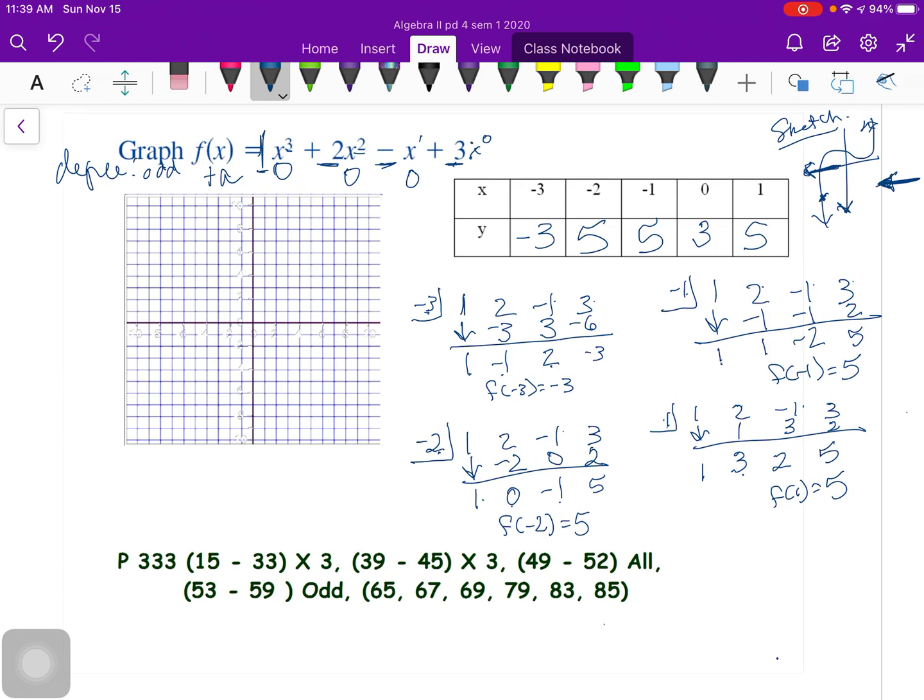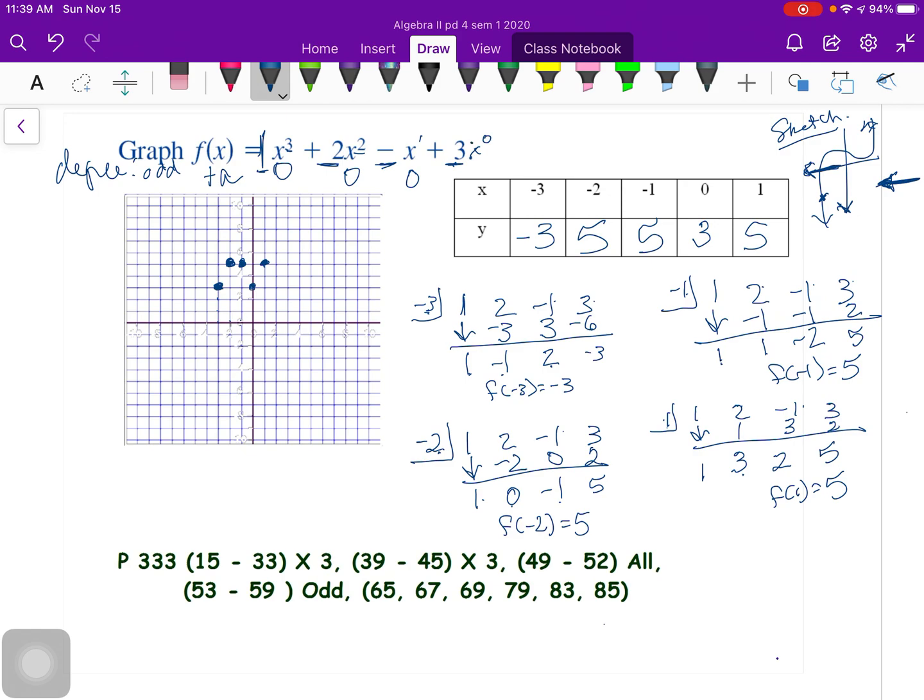So I'm going to come over here and plot these points. Negative 3, 3. Negative 2, 5. Negative 1, 5. 0, 3. 1, 5.